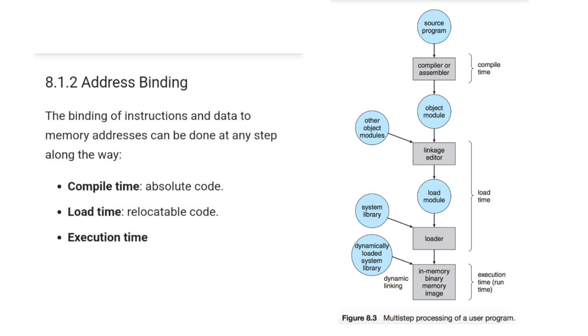Then the load module, together with the system library, proceeds to the loader. From the linkage editor to the loader is the load time. Then the dynamically loaded system library leads to the in-memory binary memory image, which is the execution time or runtime.